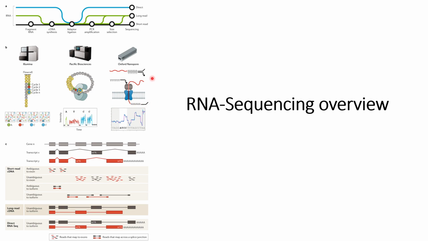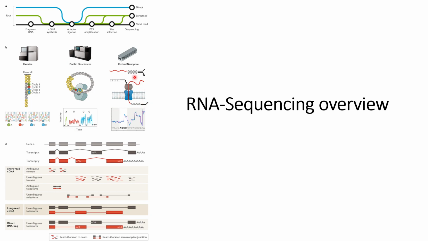In Oxford Nanopore, a motor protein is bound to the RNA sample, and it helps control the translocation of the molecule through the nanopore, which generates a current. This current is recognized by the nanopore, and it varies for all four nucleotides, so based on this current signal they can identify which nucleotide is being read at present.